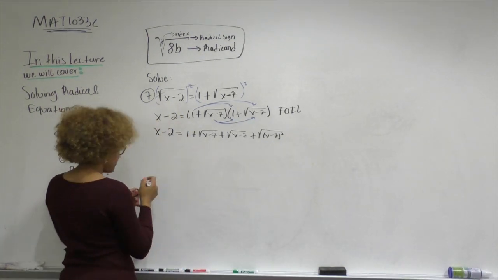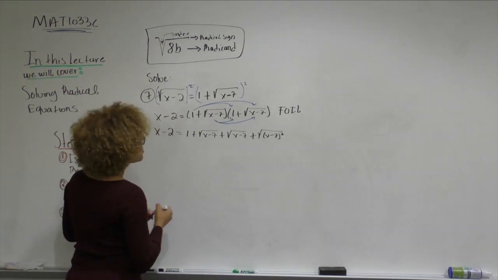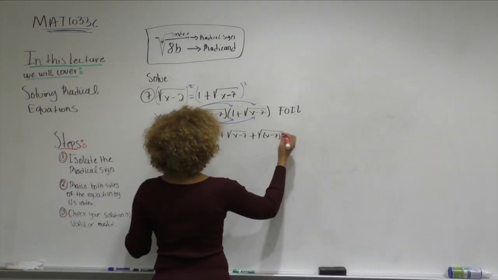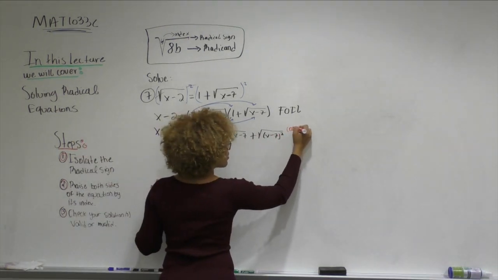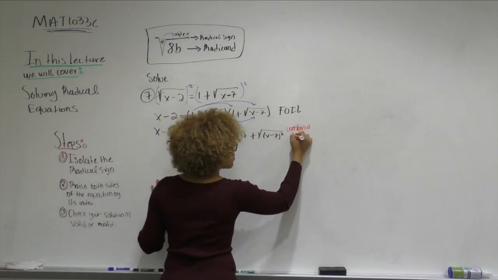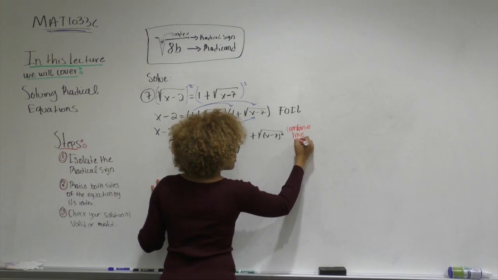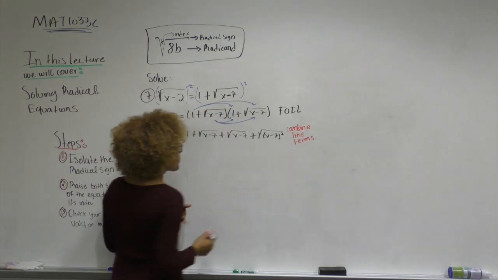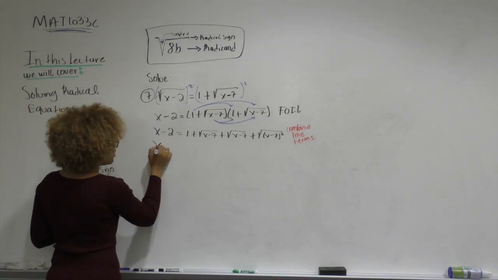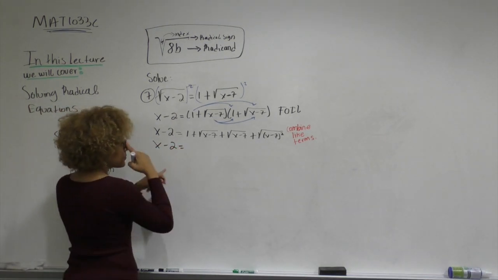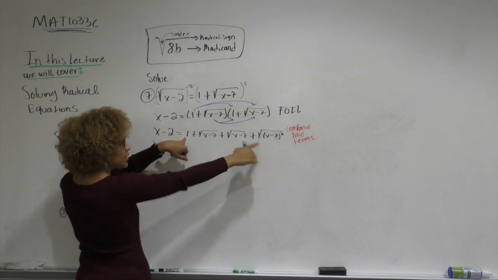Now we're going to simplify by combining like terms. So we're going to combine like terms here. So I have x minus 2 equals. This 1, can I combine it with something?